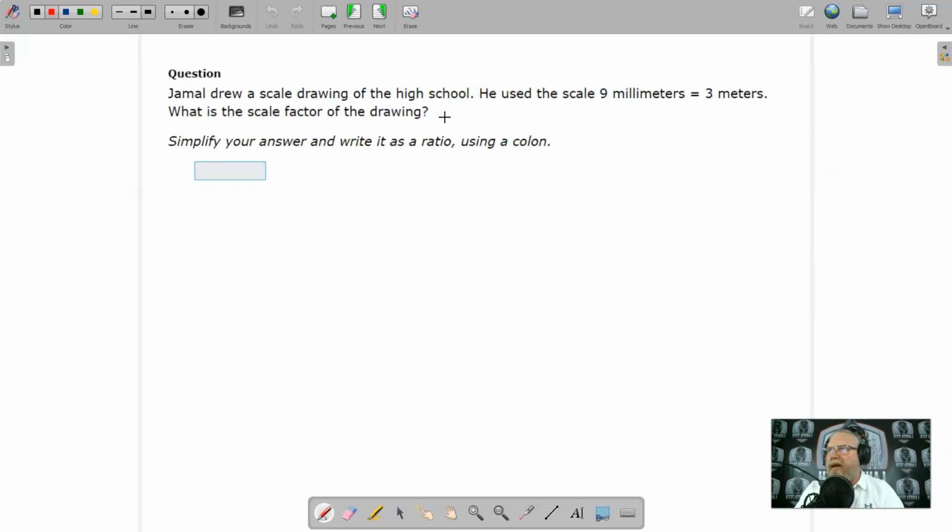Jamal drew a scale drawing in the high school. He used the scale 9 millimeters equals 3 meters. What is the scale factor of the drawing? So let's go 9 millimeters equals 3 meters. Over here to the side, let's do 3 meters is equal to how many millimeters?